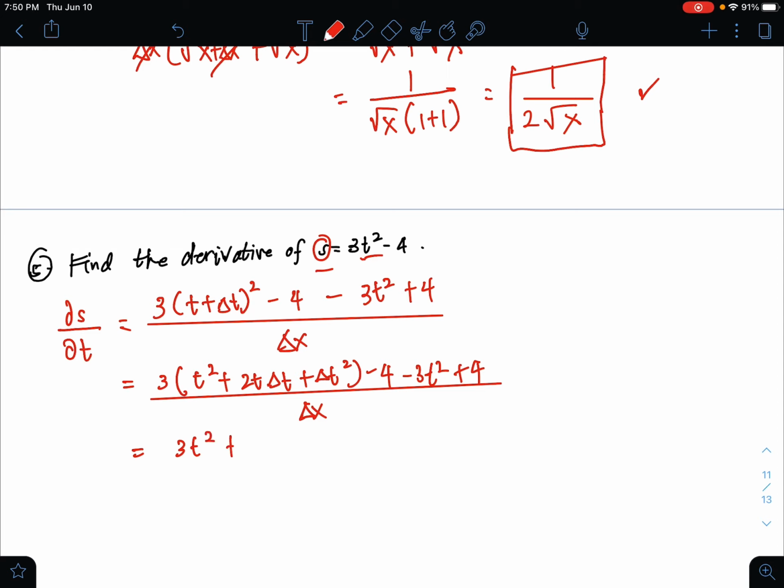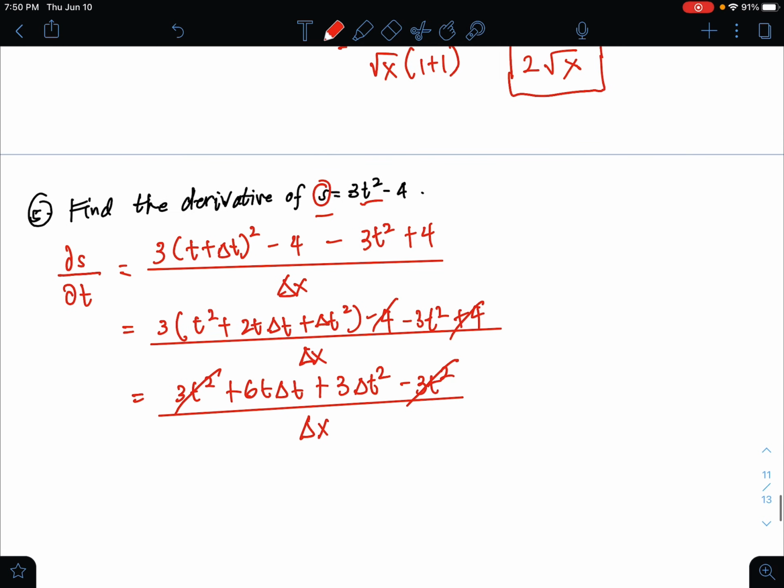Distribute. Minus 4. Cancel na ito na minus 4. Pwede ito sulaton. So, makancel. Okay. Over delta t.